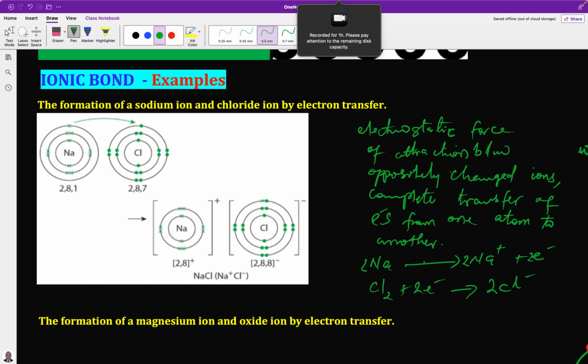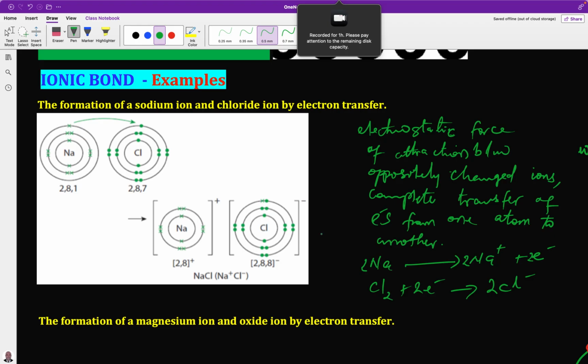Then secondly, you will see that the cation and the anion will now attract, forming a strong electrostatic force of attraction. When the metal forms the cation and the non-metal forms the anion, the oppositely charged ions come together through a force of attraction. Any compound formed as a result of this is what we call an ionic compound.